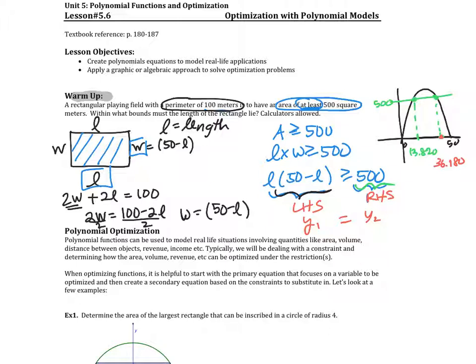The question says, within what bounds must the length of the rectangle lie? The length of your rectangle must lie between 13.820 meters and 36.180 meters. So somewhere within those bounds. And that's it.